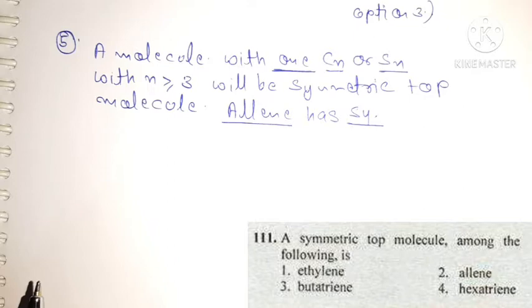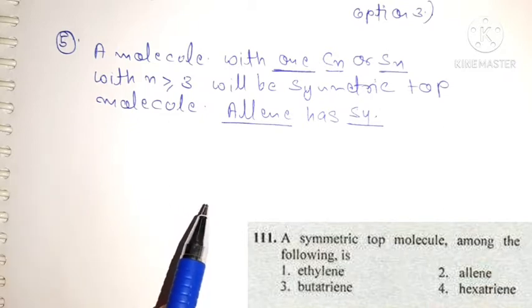You can see it. So please visit this video, CSIR NET December 2016 group theory solutions. In this video I clearly explain how allene shows S4. I hope you understand it.